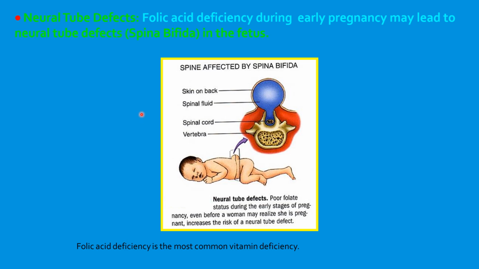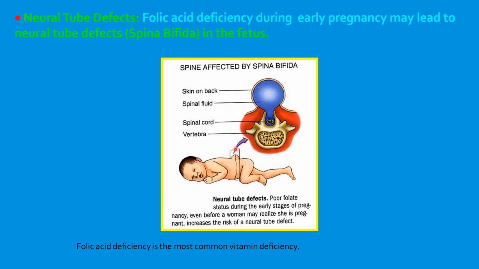And we are going to see another major feature which I'm sure you know about, especially the midwives, is the neural tube defects. And this is the reason why we advise women to consume folic acid even before they think about getting pregnancy. So folic acid deficiency, especially during early pregnancy, can result in spina bifida. And we know there are several levels of spina bifida, from failure of closure of the skin, to closure of the spinal cord, to hanging out of the spinal cord and the meninges, all this.